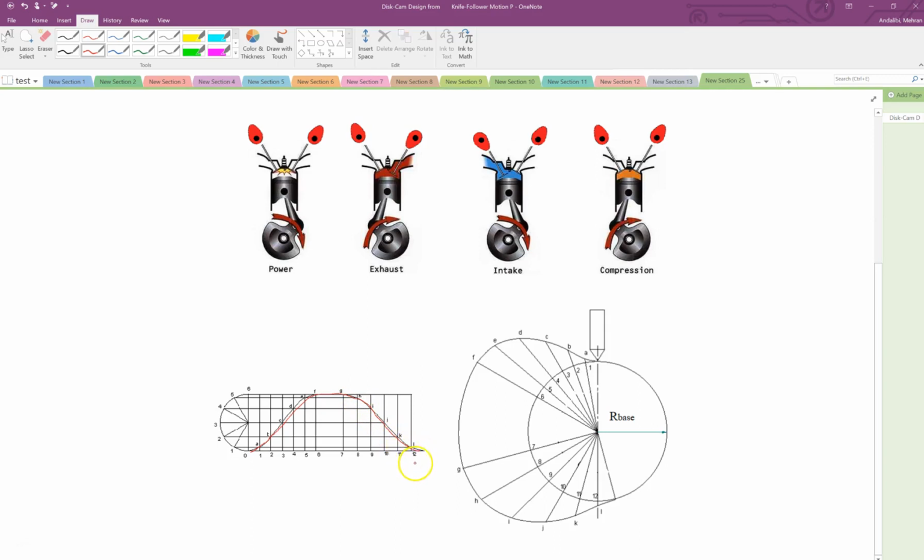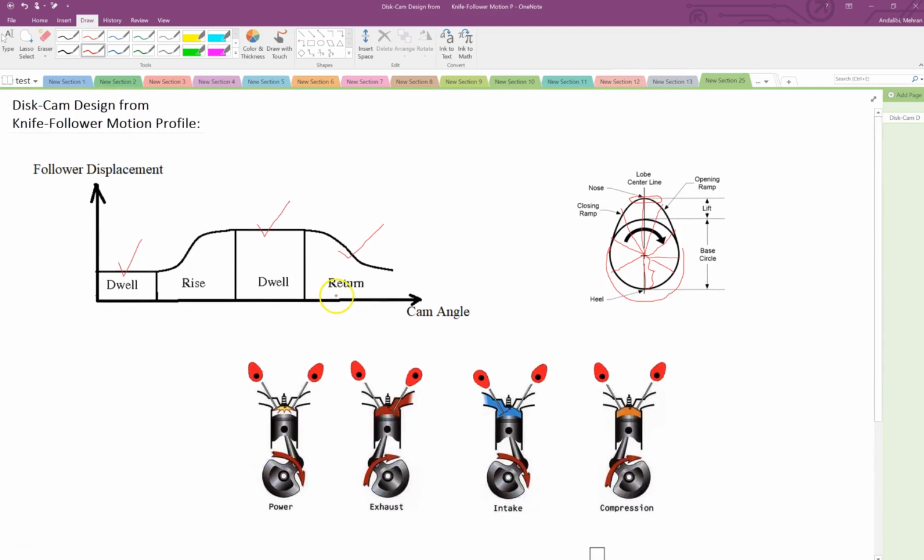You basically break it down into a bunch of angles. Let's say this whole thing here is 360, one full rotation; you break it down into a bunch of angles. They could be equally spaced or not equally spaced. And then at each one of these angles, you determine the amount of this vertical displacement.